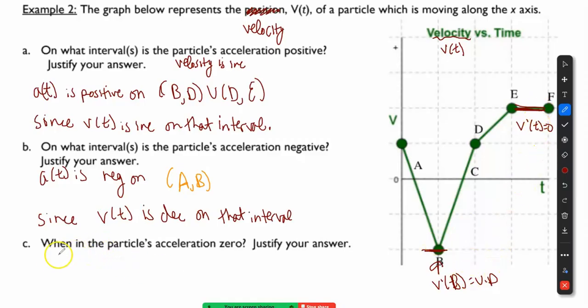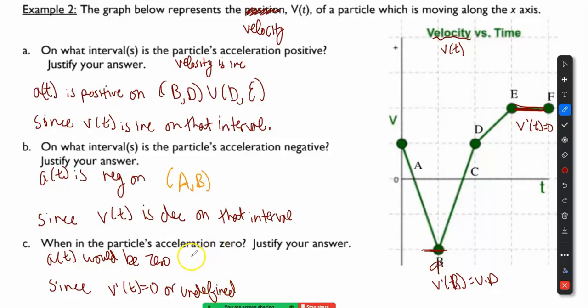So I'm looking for where the derivative of v of t equals 0 or undefined. So this is at point B, and from E to F.